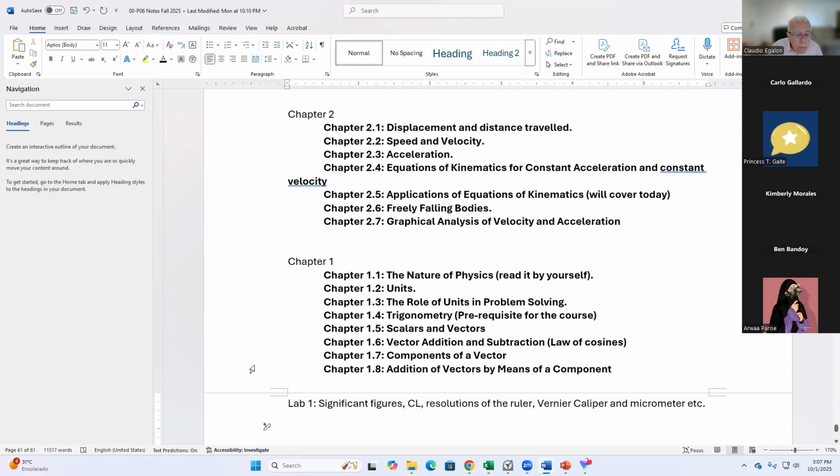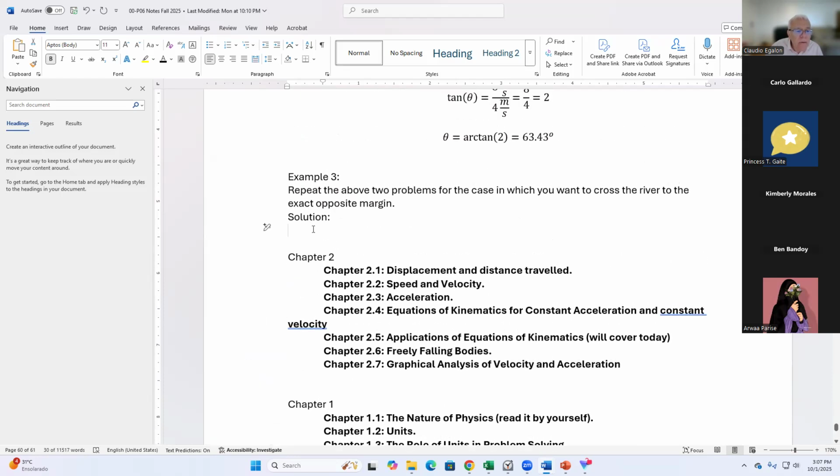By the way, this part doesn't show up in the exam, because it's vectors. Nature of physics, units, the role of units, problem solving, trigonometry, scalar, and vector. This part here is not included.